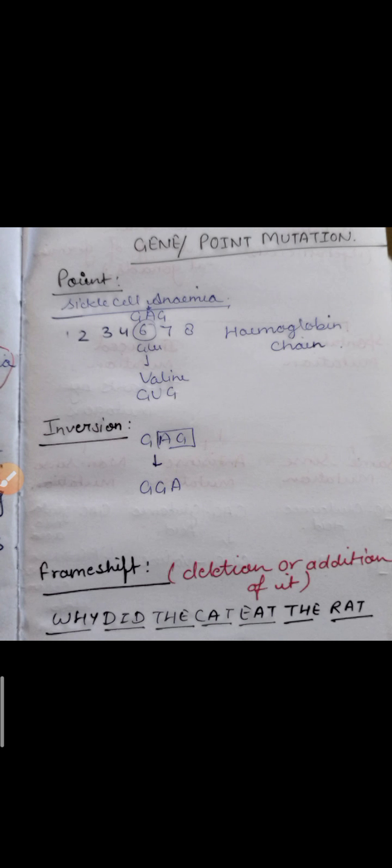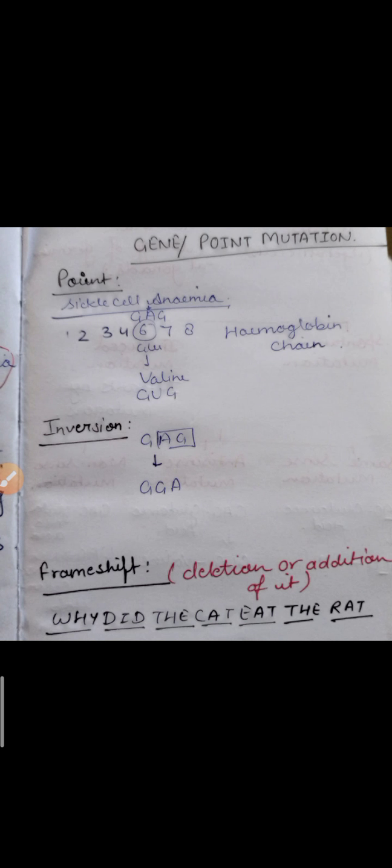Suppose this is the genomic sequence of a person. In the sixth position, the code is GAG, as you know that the genetic code is always read in triplet form, which we discussed in 11th standard in the genetic code part.